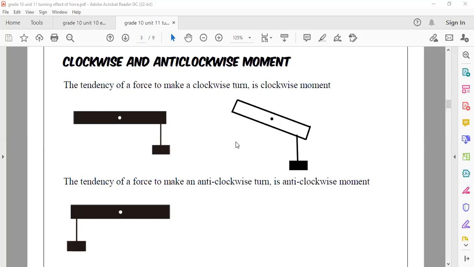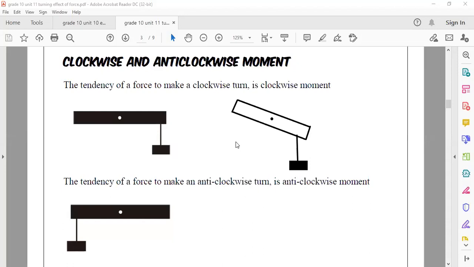Can you draw this? Okay, sir. Done, sir.